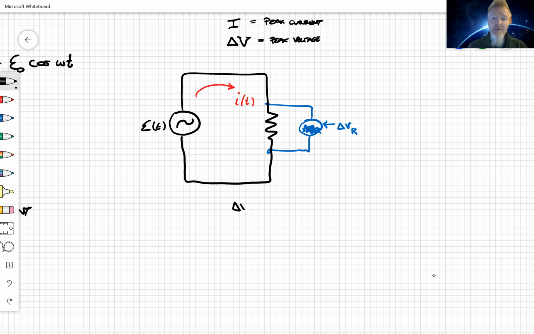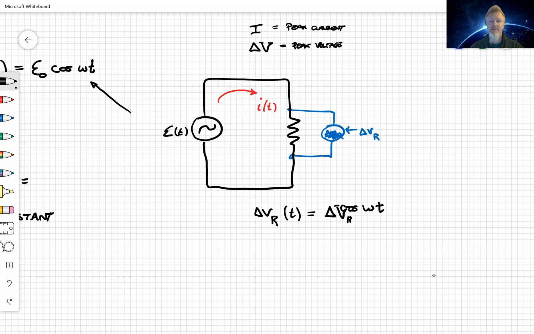So what I could write is delta V_R, which is a function of time, is equal to the peak voltage, delta capital V_R. That's now the biggest that it can be. If I do the same thing as over here, and use that for the input voltage, then I'll find that this is a cosine of omega t.